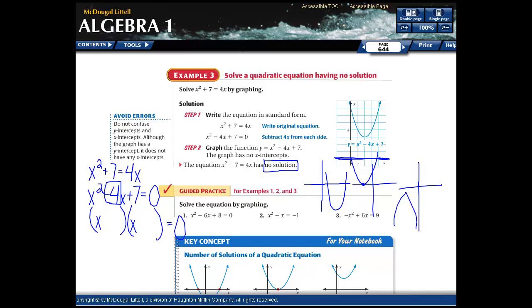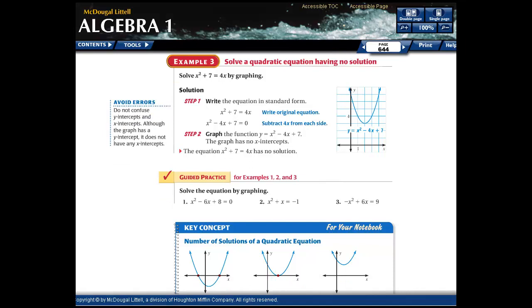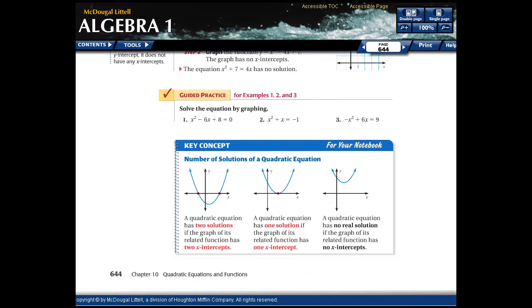And that all is summed up for you in this next chart right here. So, number of solutions. If it crosses it twice, you will have 2. If it only crosses it once, you will only have 1. If it never crosses it, you have 0 solutions.